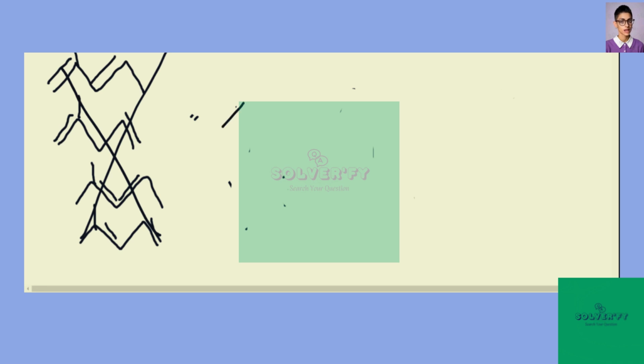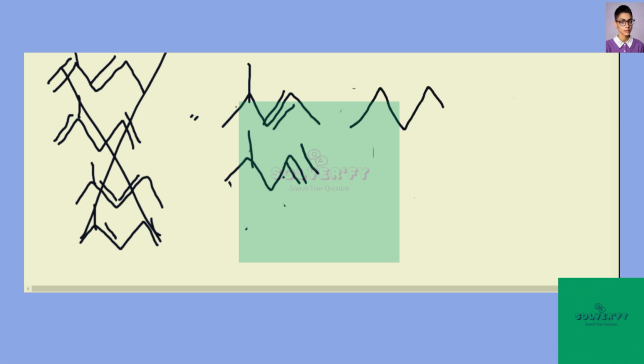We'll start with our 5 carbon chain. And we can draw our triple bond here. Or we can draw our triple bond here.